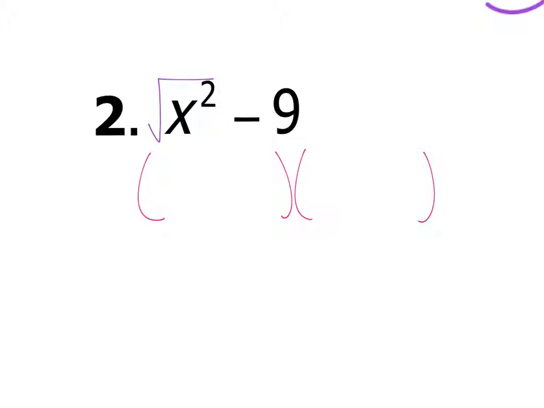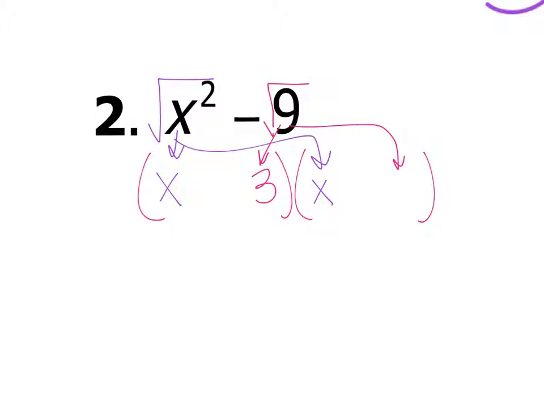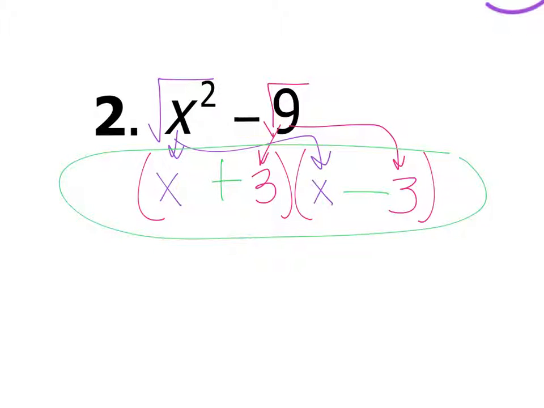Colton, what's the square root of x squared? x, so x goes in the first two spots. Jadelyn, what's the square root of 9? 3, so 3 goes in the second two spots. And what goes in the middle? A plus and a minus.